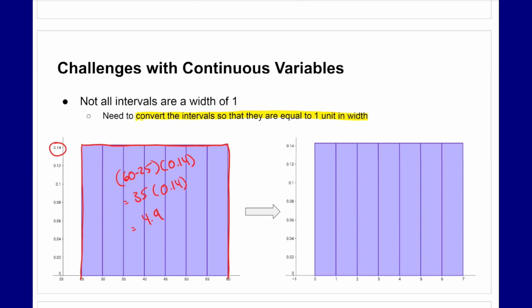Even though our range is actually from 25 to 30, we need to convert it so that it has a width of 1. So if we look at the bottom graph of what it's changed to, instead of 25 to 30, 30 to 35, we go from 0 to 1, 1 to 2, 2 to 3, 3 to 4, and so on.